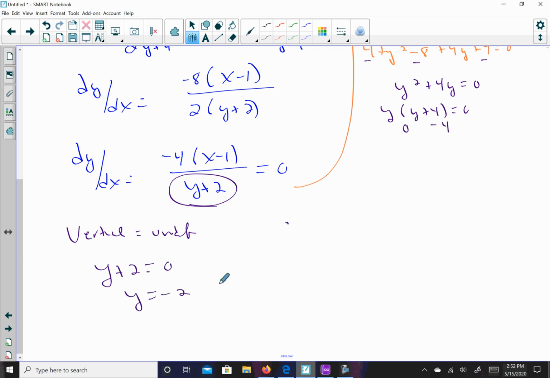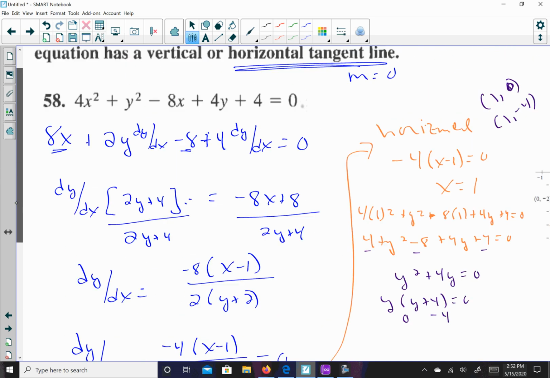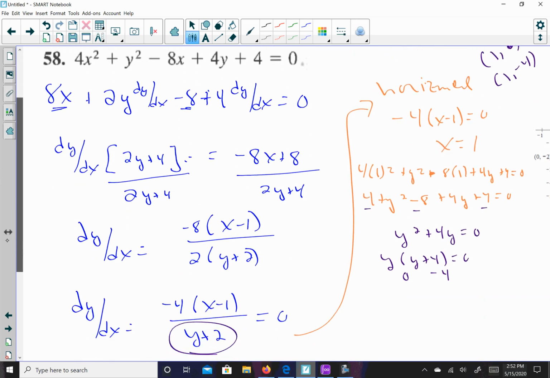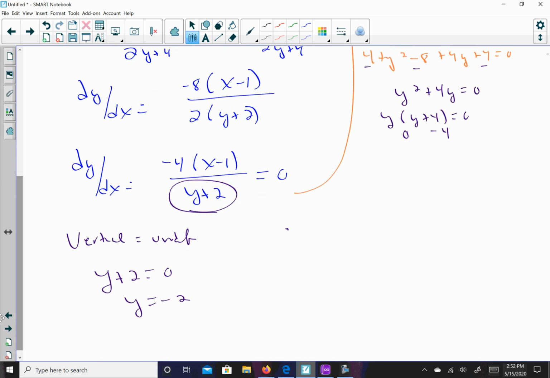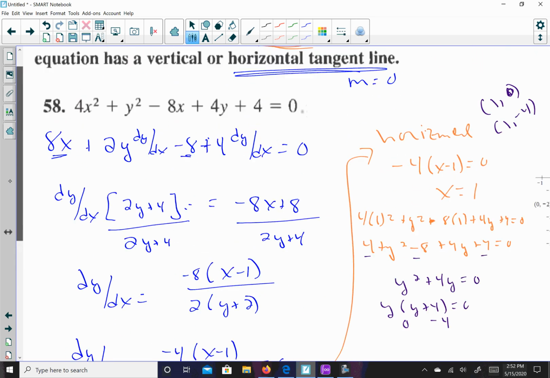So again, I have to find the points. So I'm going back up to this equation, and I'm putting in negative 2 for my y. So I'm going to have 4x squared plus negative 2 squared minus 8x plus 4 times y plus 4 is equal to 0. I'm hoping I remember that equation, right?